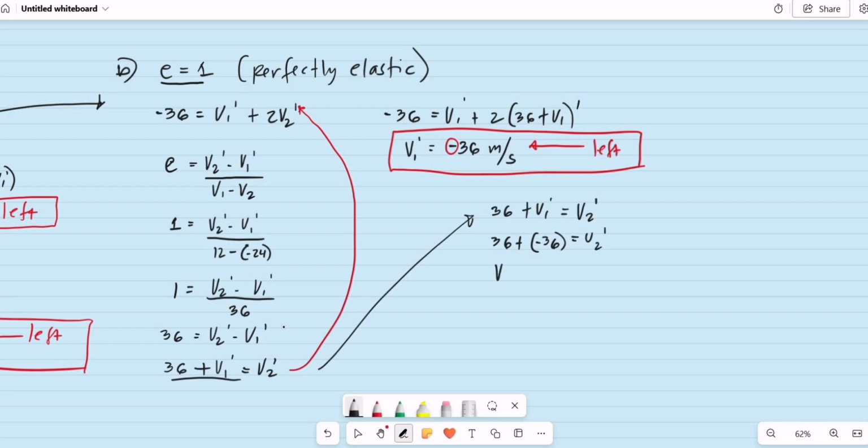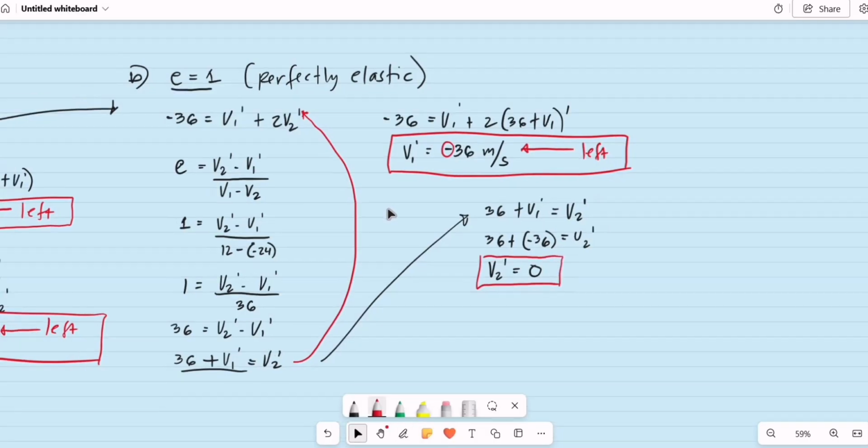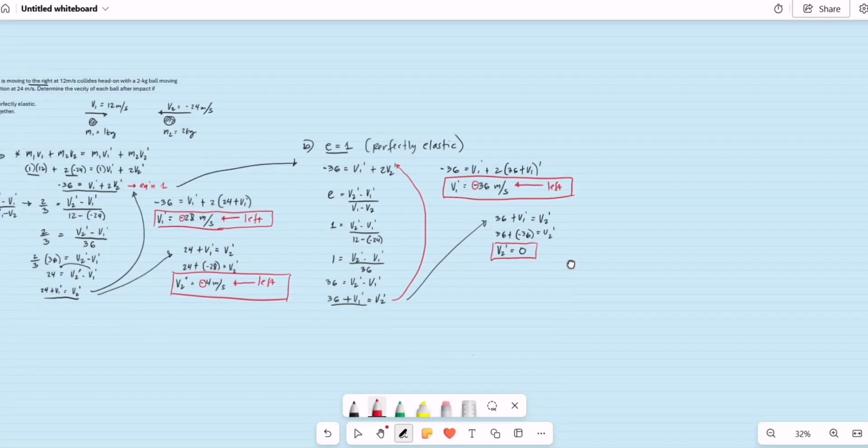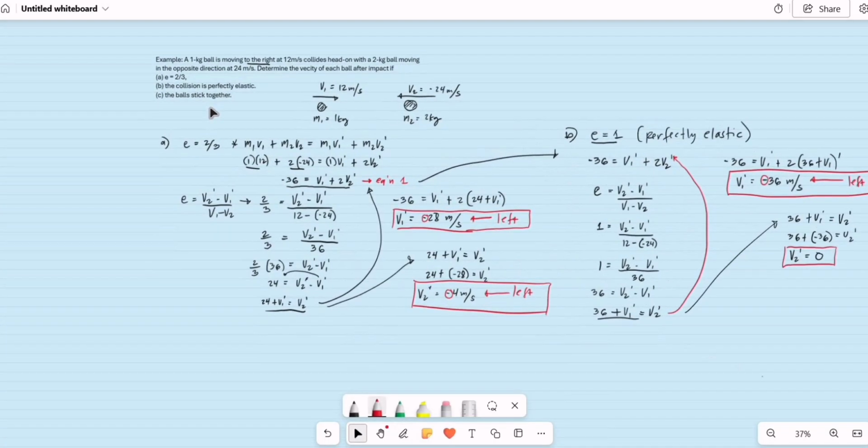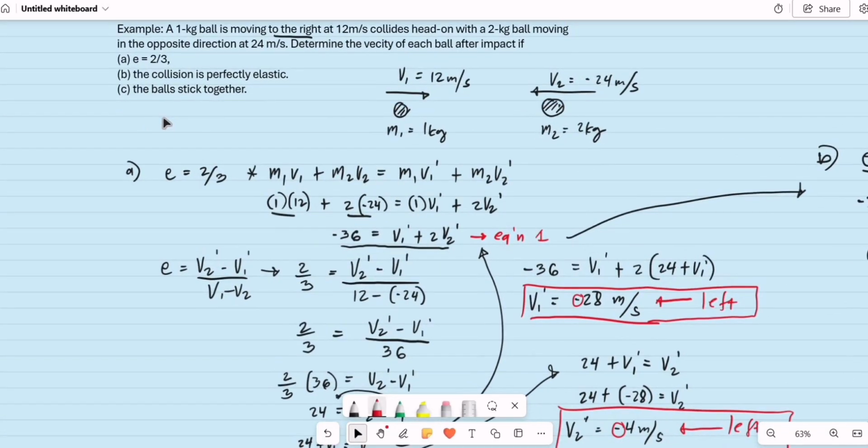So b sub 2 prime is equal to 0. It only means, class, that the second object will stop after collision. So this will be our answer for item letter B. The collision is perfectly elastic.